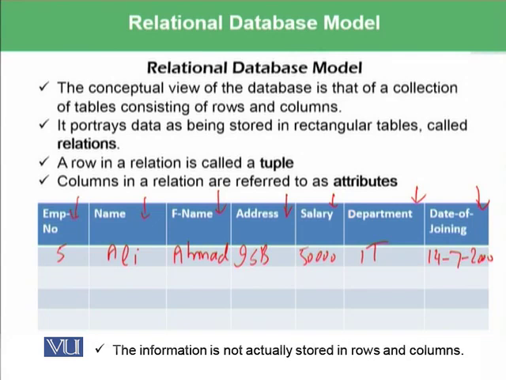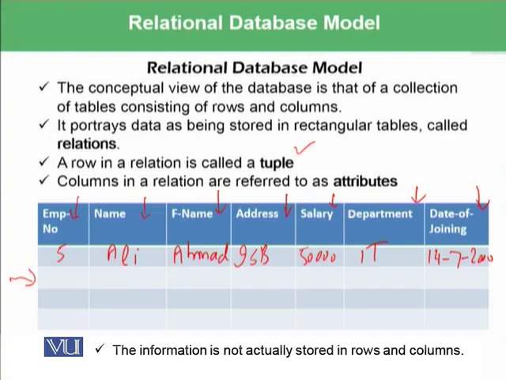So this one row will be called a tuple. Each row in this relation will be called a tuple. If there is another row here with employee information, that would be a separate tuple.